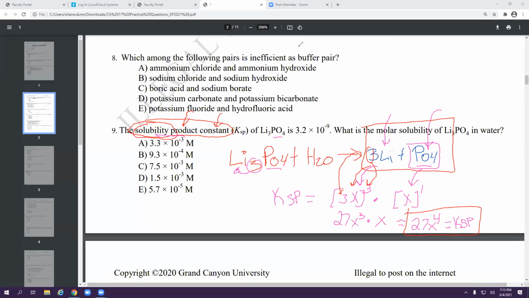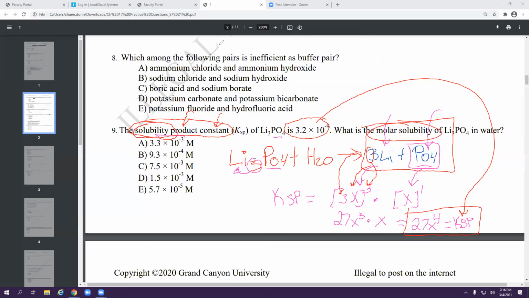So, plug in Ksp. 3.2 times 10 to the -9th is equal to 27x to the 4th power. Solve for x, because that is the molar solubility. So we're going to solve for x. How do you solve for x?